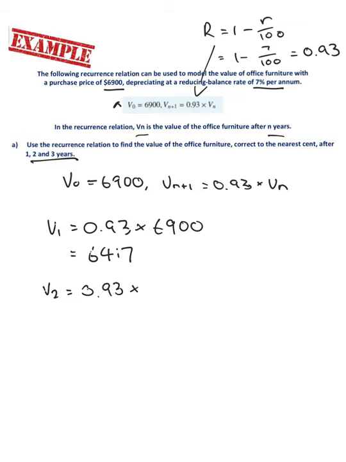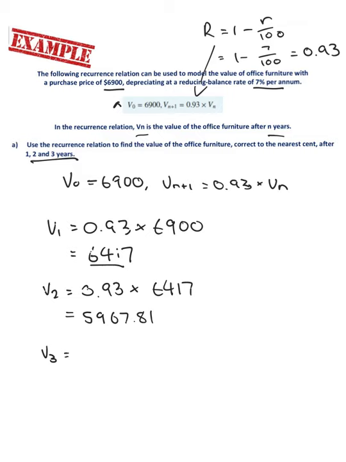To find V2, after 2 years, it's going to be equal to 0.93 times Vn, which is our previous term, 6,417. That gives us $5,967.81. So we found year 1, we found year 2, time to find year 3.